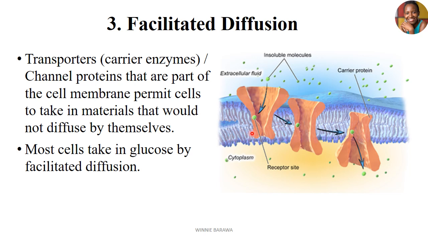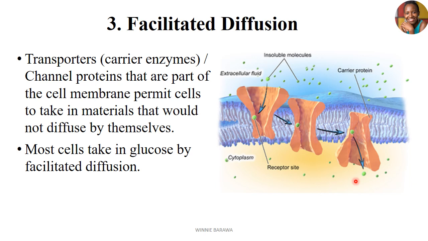But when we are doing facilitated diffusion, we will need carrier proteins. The materials will come, attach on the receptor sites or active sites, and cross either in or out of the cell. Because this is more like an assisted transport, we call it facilitated diffusion.